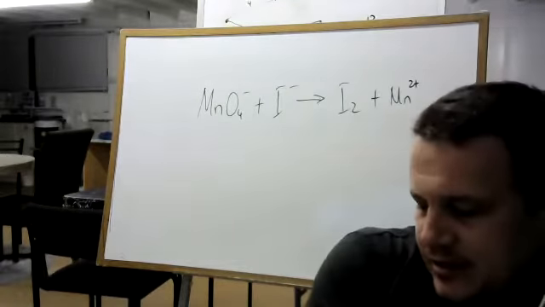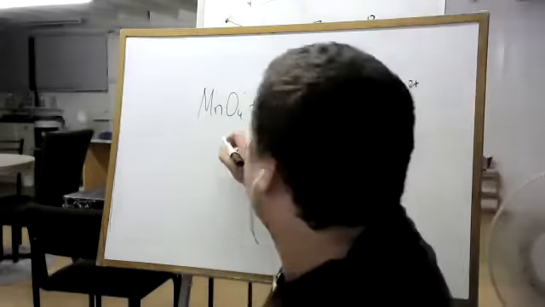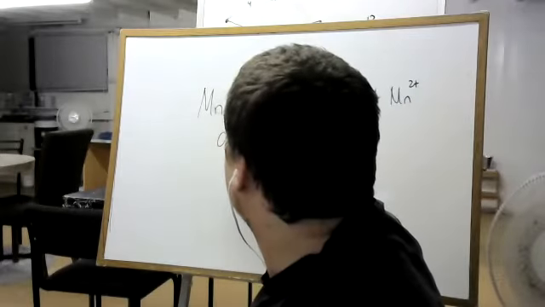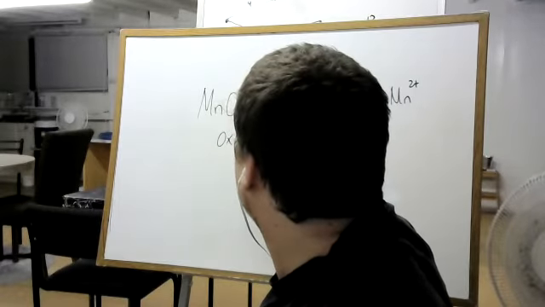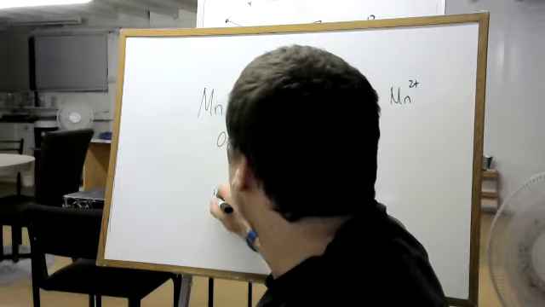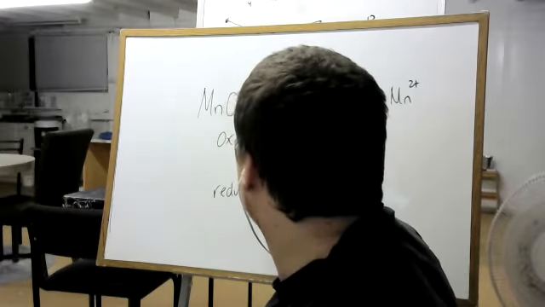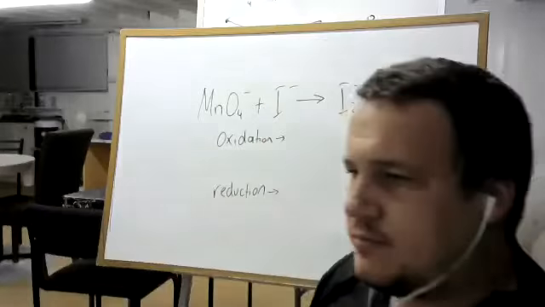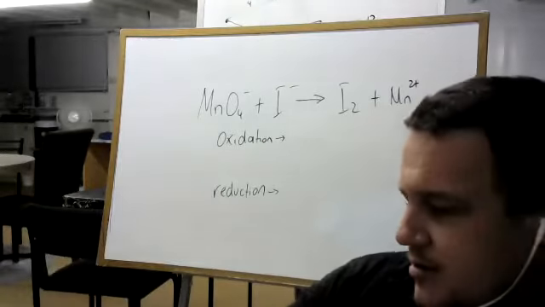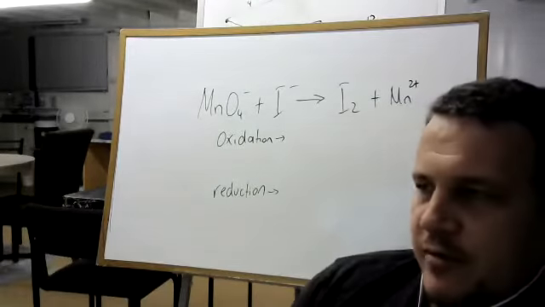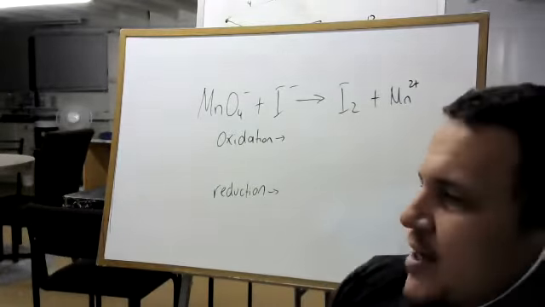What I want you to calculate is what's being oxidized and what's being reduced. So I'll give everyone 2 minutes. What's being reduced and what's being oxidized?